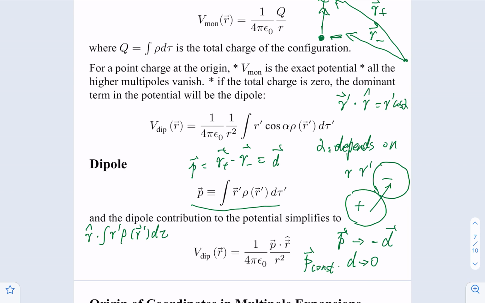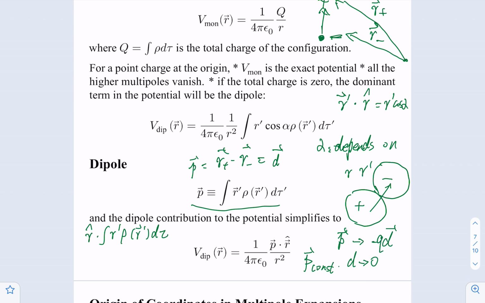However, in this homework, we define the d to be pointing from the positive charge to the negative charge, whereas a more conventional calculation of a dipole moment for this case would be this d times q.